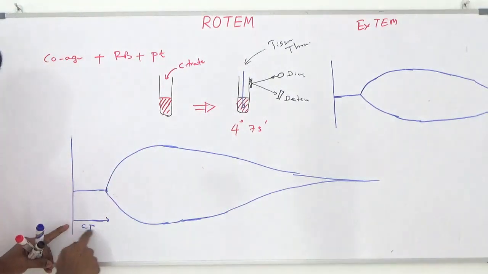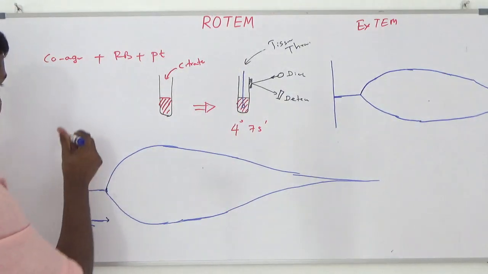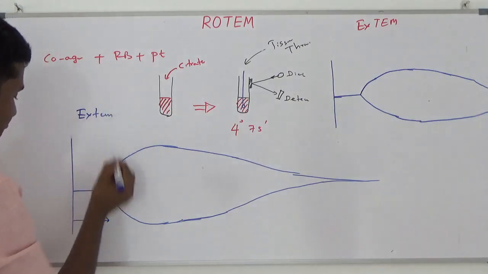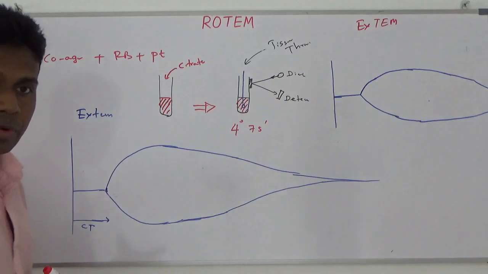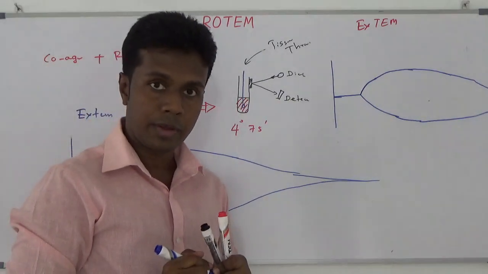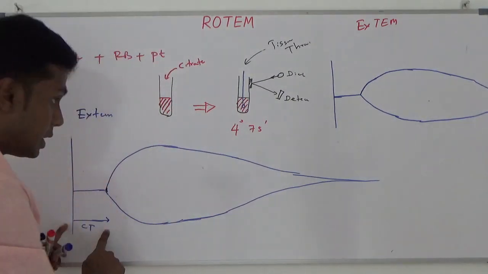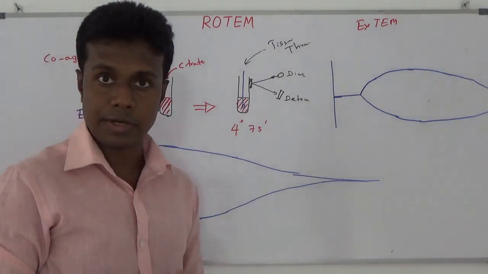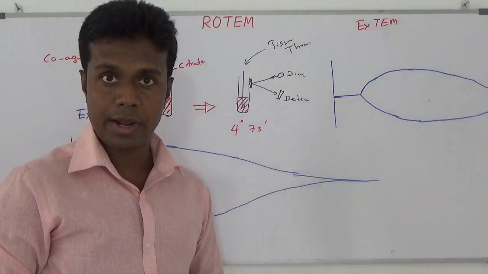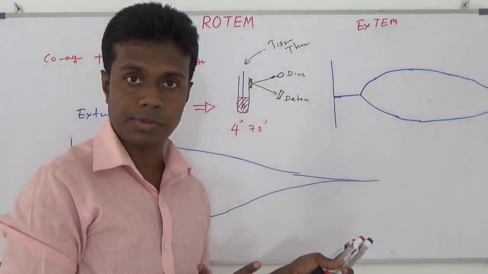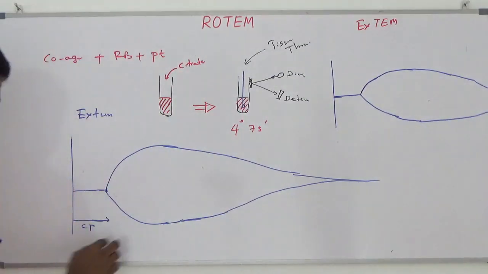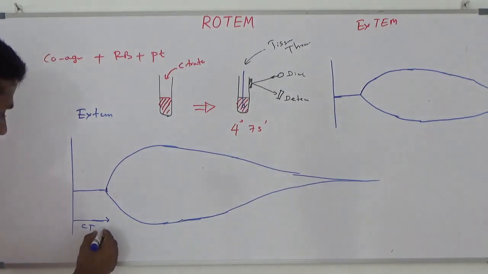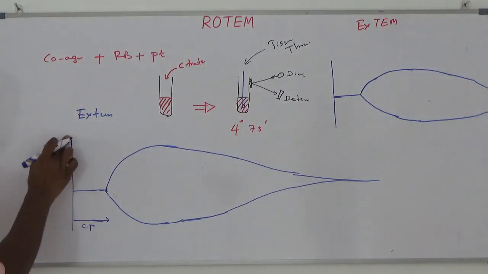That means from here to here, in your extrinsic pathway or EXTEM, determines how much of coagulation factors you have, that means factor 7, factor 10, prothrombin and fibrinogen. How much of those substances are present in your blood? That means up to fibrinogen you can check in the clotting time.